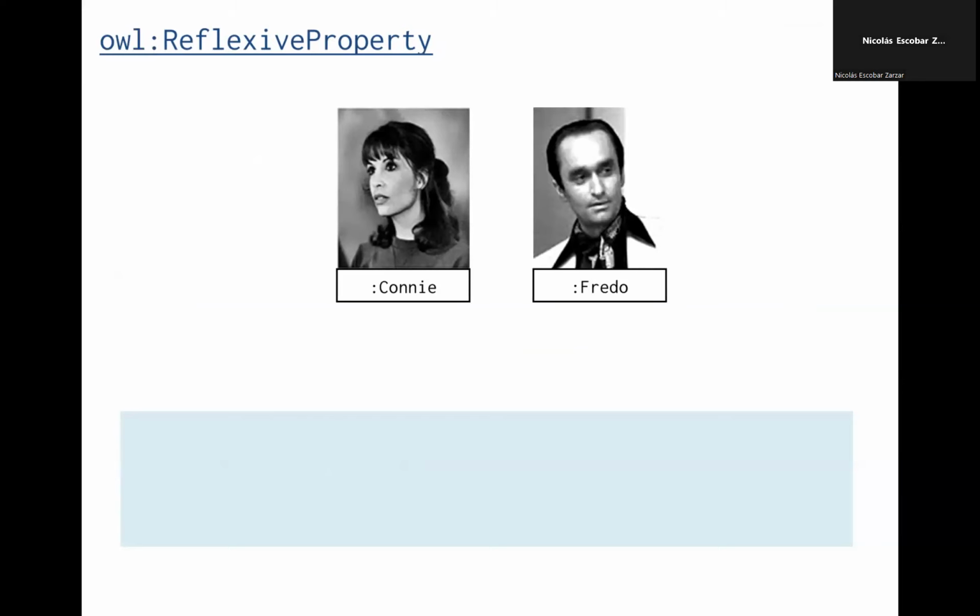Reflexive property. So this is kind of a strange one. If we think about materializing or creating inferences like we've seen in the labs, we can say similar to is type reflexive property. So what's a reflexive property? It's something that holds to itself, right? So similar to is a reflexive property, which means that everything is related to itself by the property similar to. So what could we conclude if we just have these IRIs, Connie and Fredo, as entities?